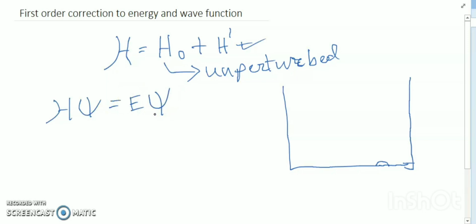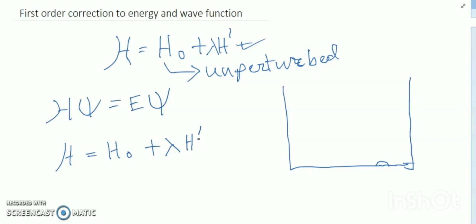The Hamiltonian is comprised, as we just saw, of some unperturbed Hamiltonian H equals H0, and we add some perturbation, lambda H dash, to help us know that H dash is going to be small in comparison to H0.